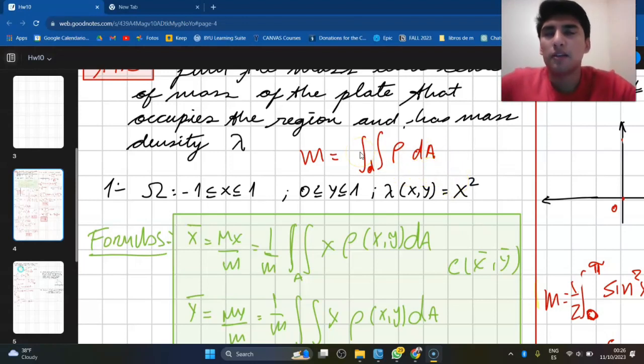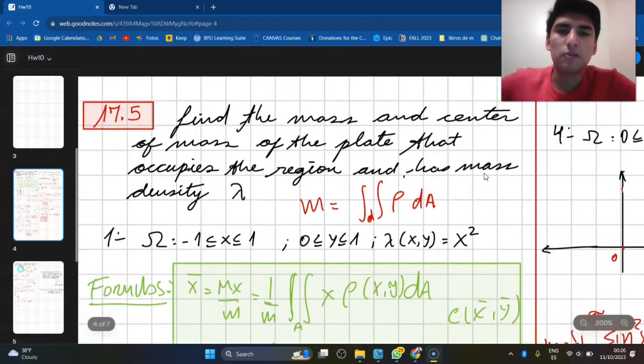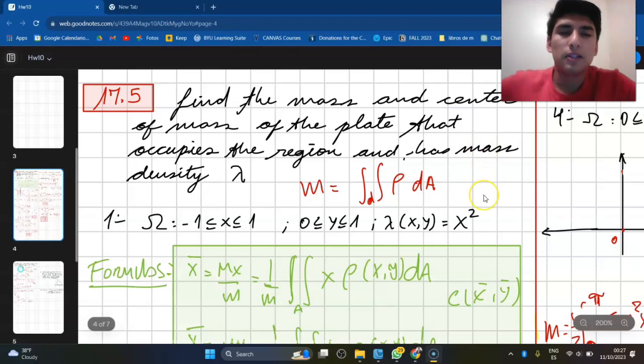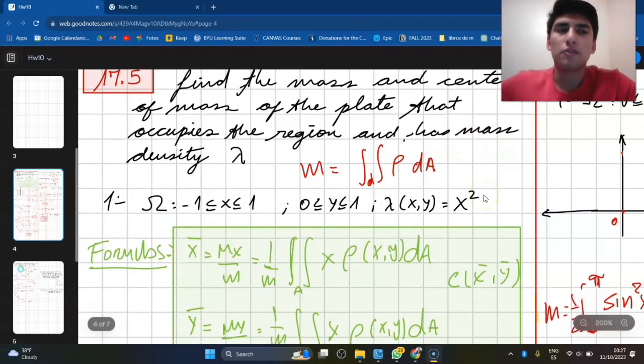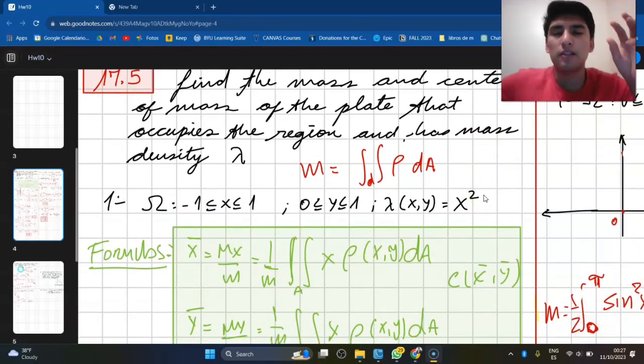Usually the density function is represented by rho, but in this problem we have the density function as lambda in terms of x and y. This is a simple problem. For the mass, we grab that density function and take the double integral.